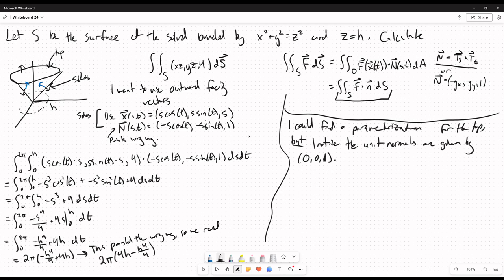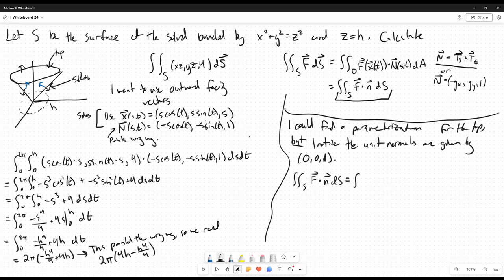So instead of going through all this parameterization, I'm just going to look at the surface integral over S of f dot n ds. And again, we're integrating over the top, which is a circle with radius h.